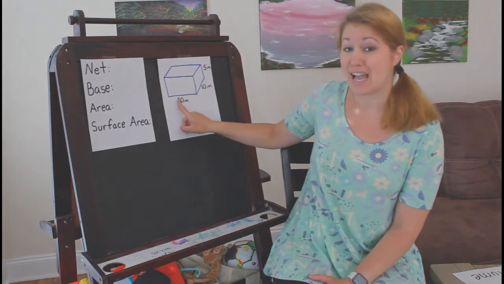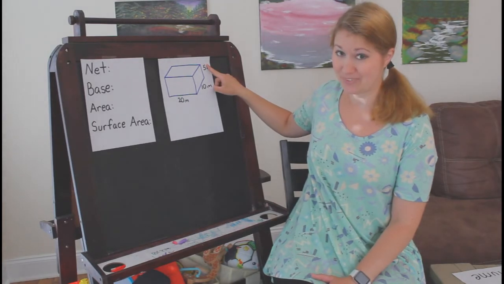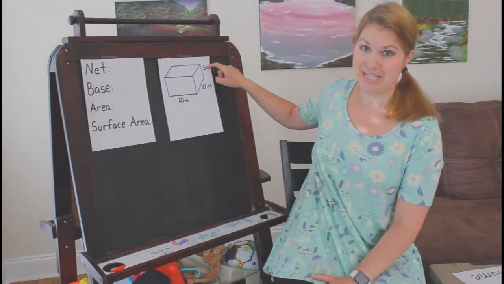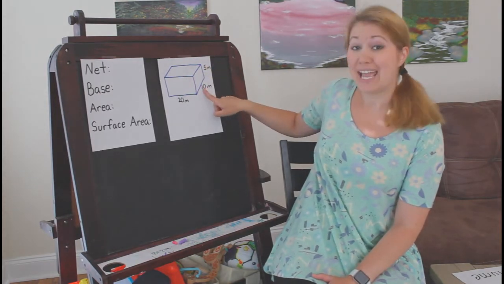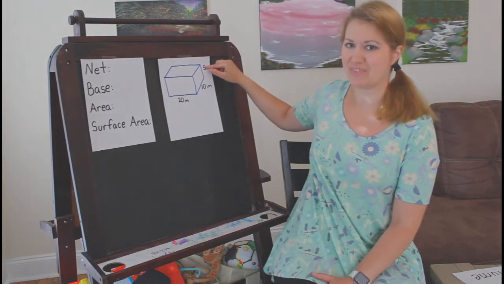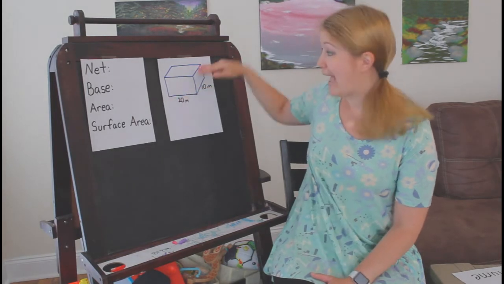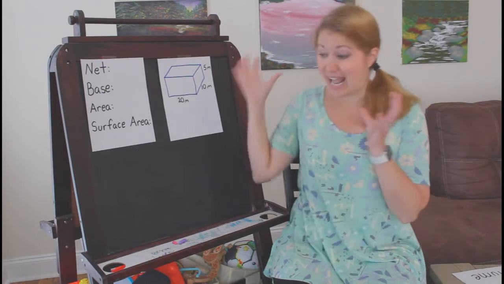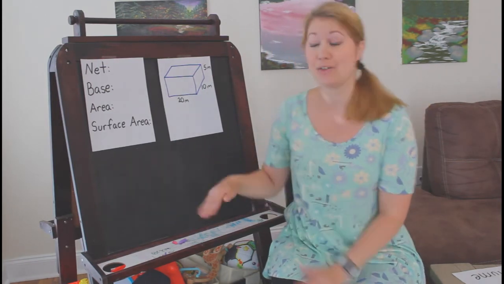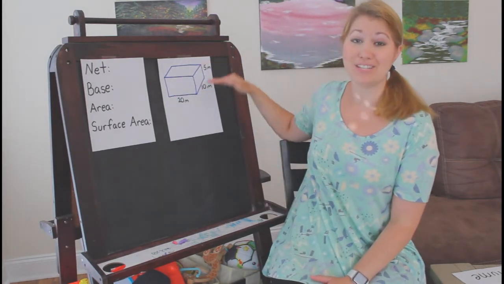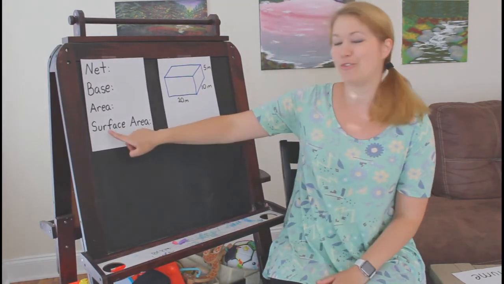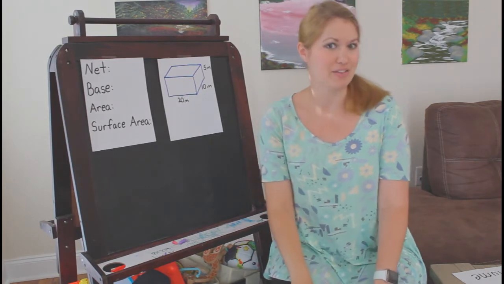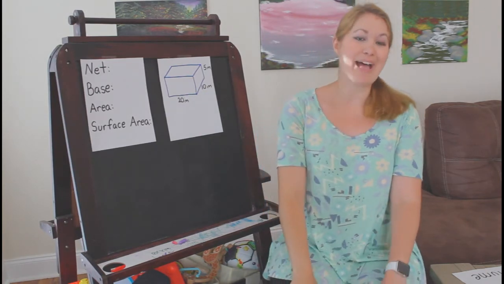So 20 times 5 for this side right here, 20 times 5. Then for this side, 10 times 5. The base and the top are both going to be 20 times 10. Then I can add all those measurements together to find each of the surfaces, put it all together for our surface area.